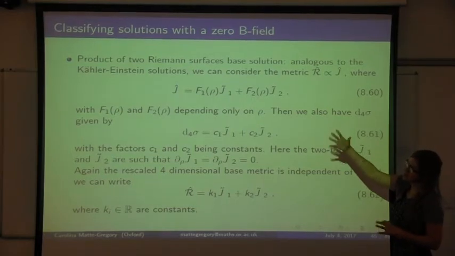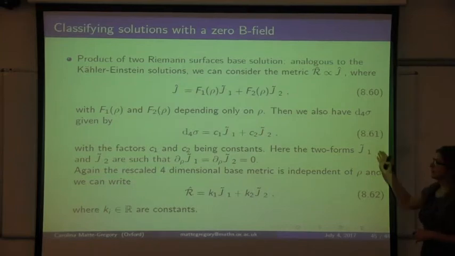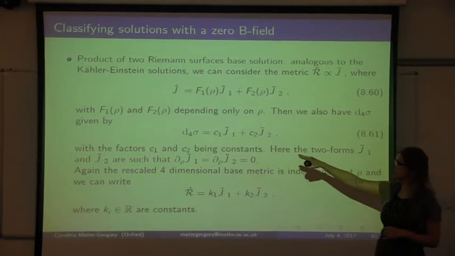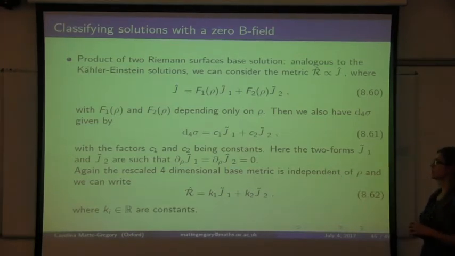And then I have two functions multiplying them, depending on rho. And then for sigma, I have again this type of composition with some constants. These are real constants.